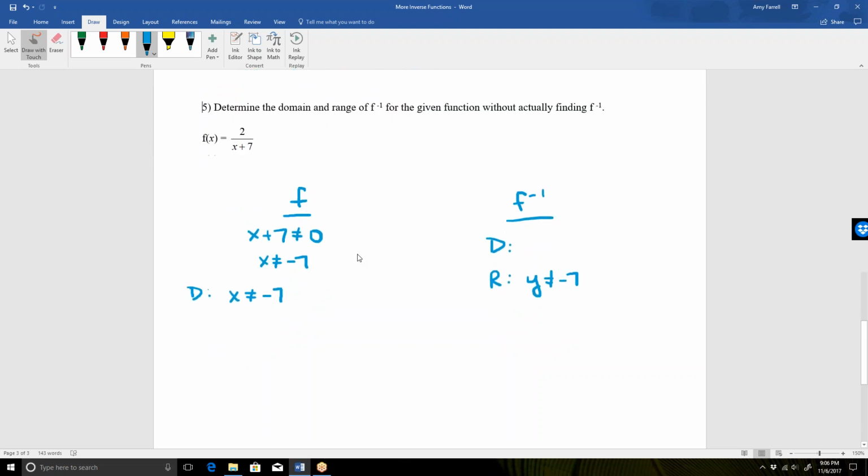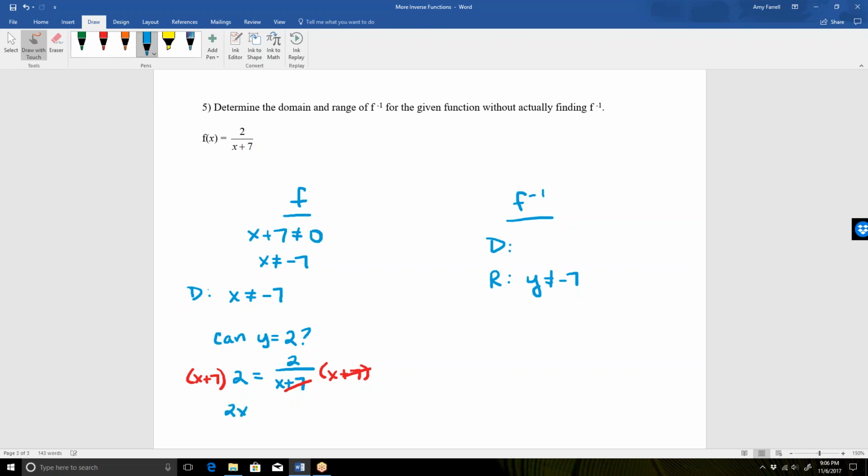So let me just give you an example of something that f of x, or y, could be. Let's say I want to know, can y equal 2? Well, let's find out. 2 equals 2 over the quantity x plus 7. Then I'm going to multiply both sides of the equation by x plus 7, and I'm going to cross cancel, and I'm going to distribute.